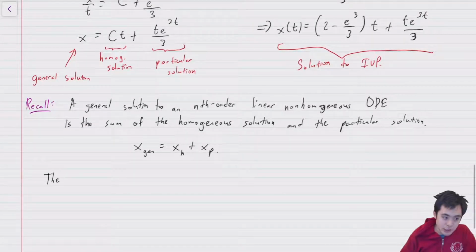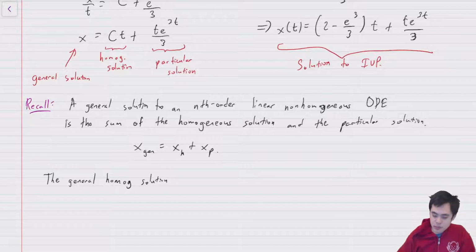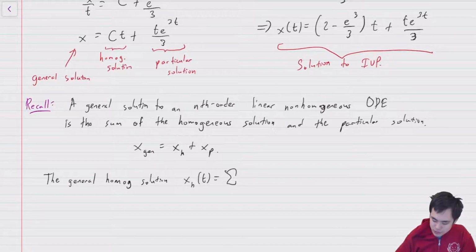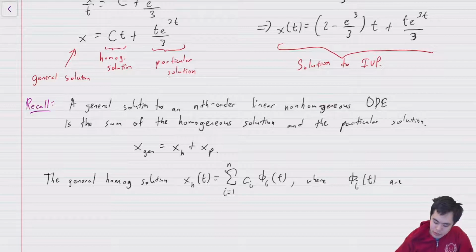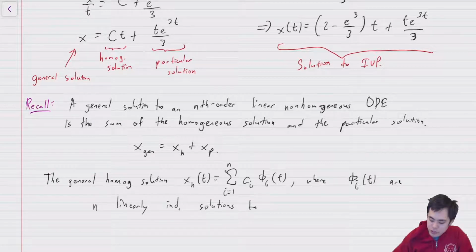And furthermore, the general homogeneous solution, xh of t, is a linear combination, where ci are arbitrary real constants, of phi i of t, where our phi i of t's are n linearly independent solutions to the homogeneous equation, so where you set g of t equal to 0.